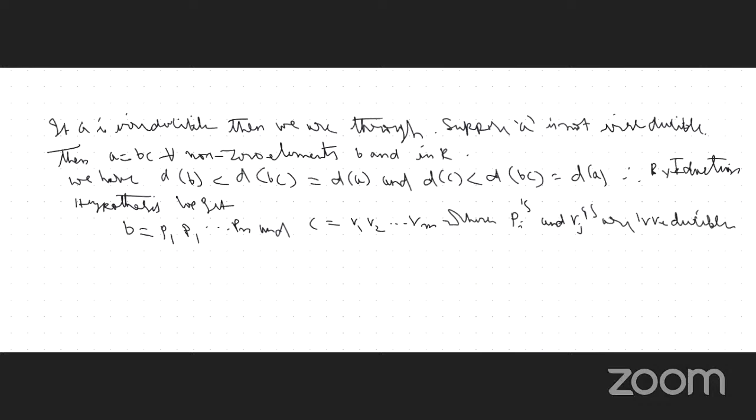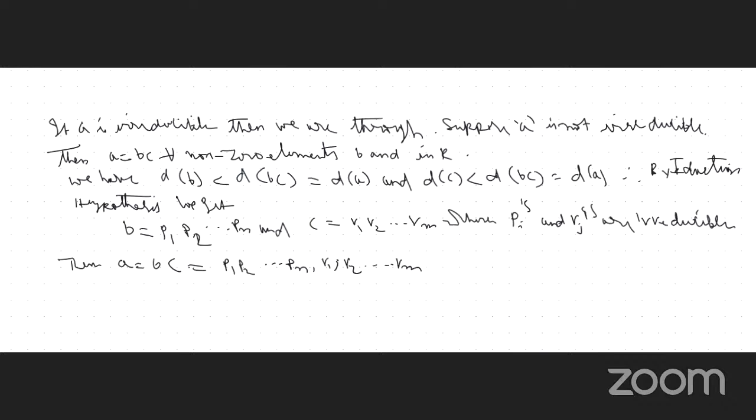Then A equals BC, that equals P1, P2, etc., Pn times R1, R2, etc., Rm.